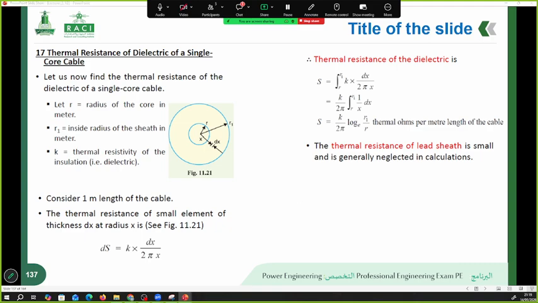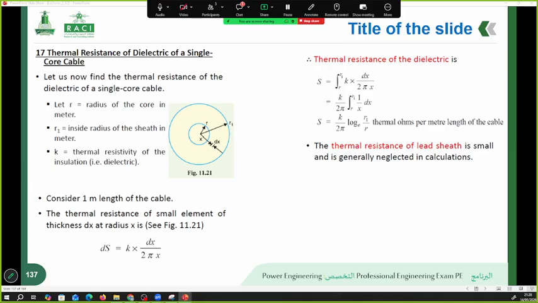Okay. This slide explains how to calculate the thermal resistance of the dielectric in a single core cable. The thermal resistance of a dielectric S is calculated for a single core cable with conductor radius r and internal shield radius R1. The thermal resistivity of the insulation is denoted by k.